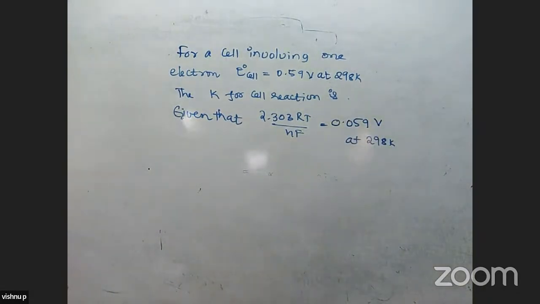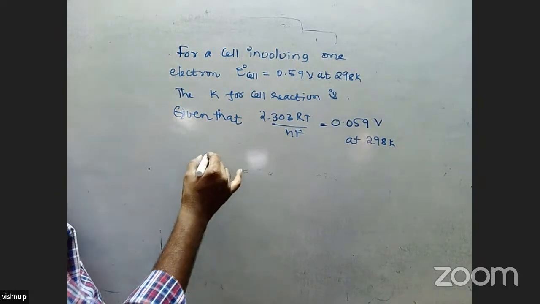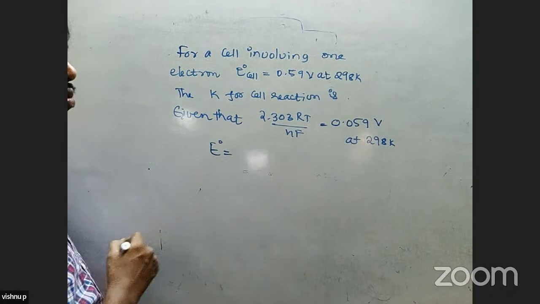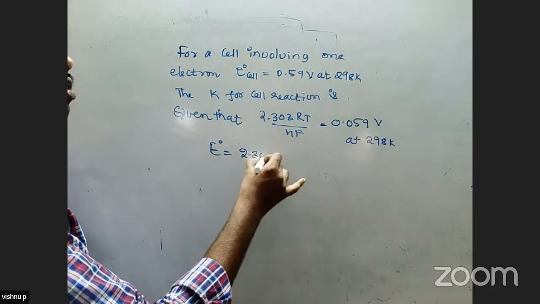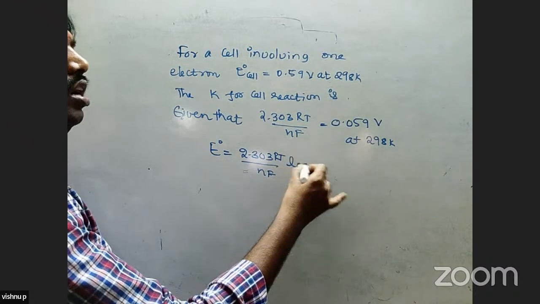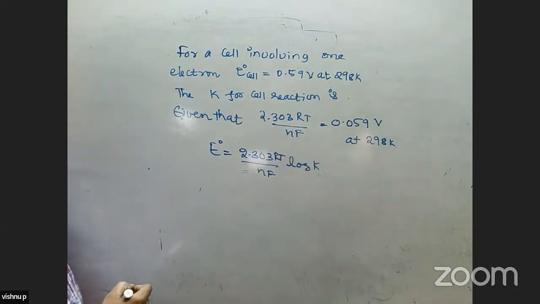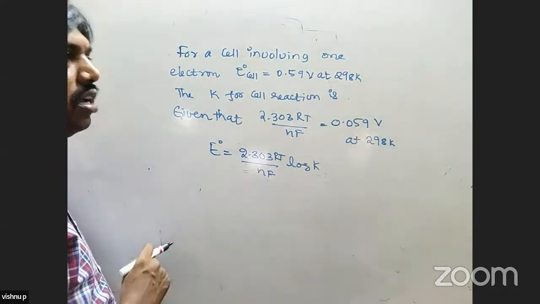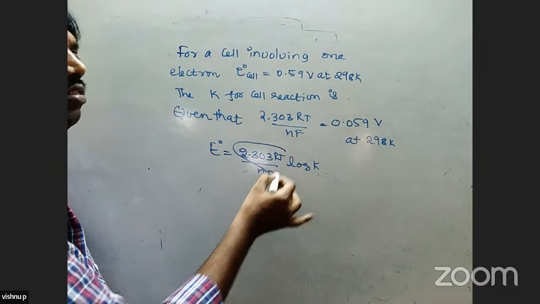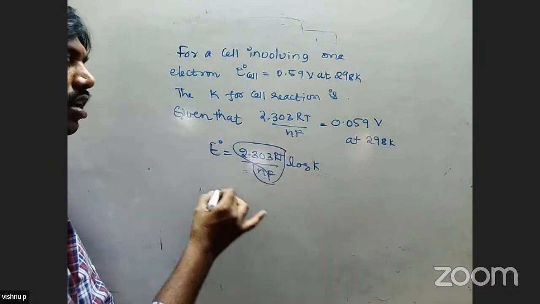Find out K value. So we know that when K is given, E naught is equal to 2.303 RT by nF log K. n is 1, F is 1 Faraday. So 298 Kelvin, this value is given, the RT value is also given.